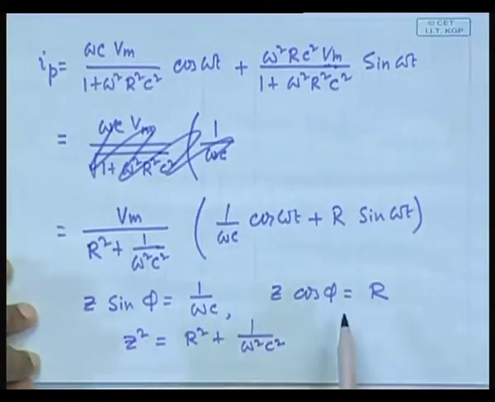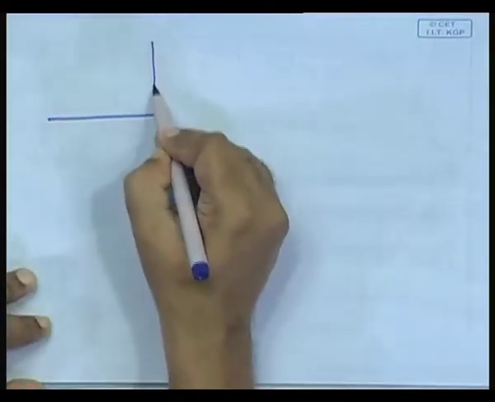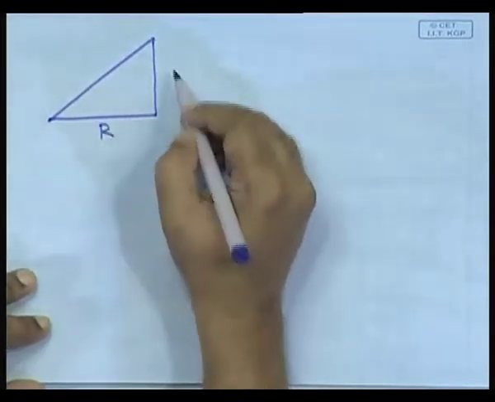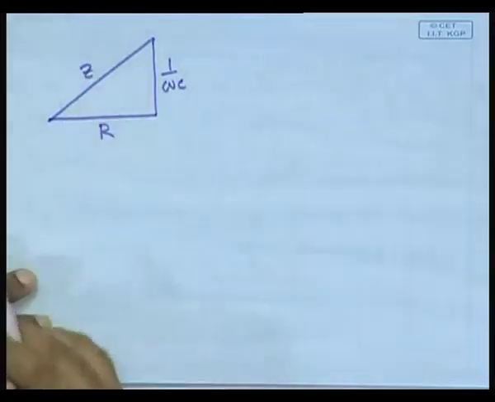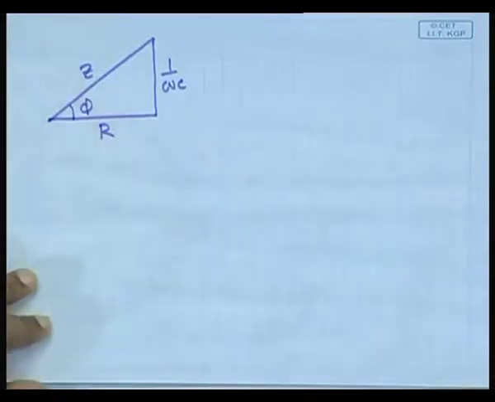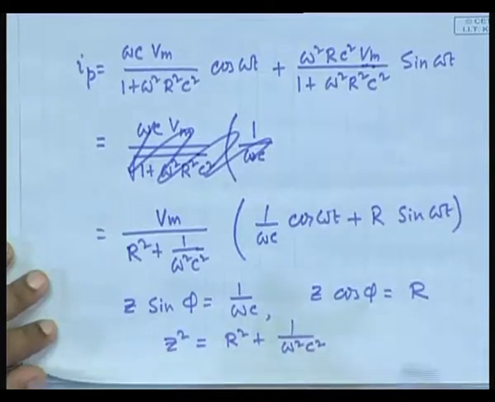Fine. You can easily see what I am driving at. This means that if you have r here, 1 by omega c here, this is Z, and this means exactly that. Fine.